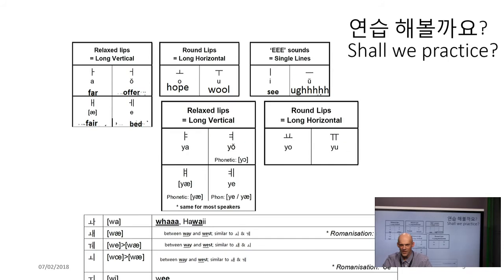So here's a summary of all those different vowels put together. Remember, adding an extra line and you get a y sound. Adding an o or u and you get a w sound.